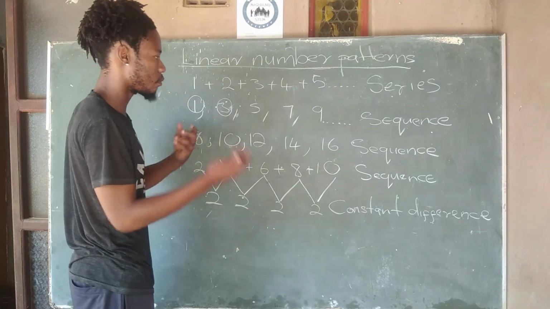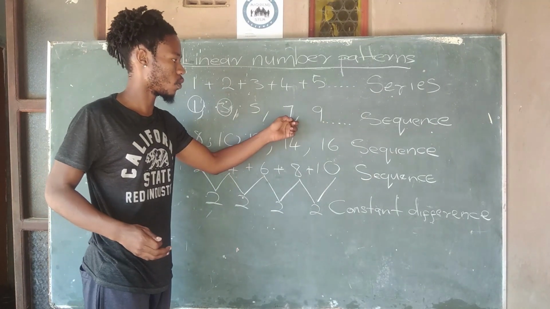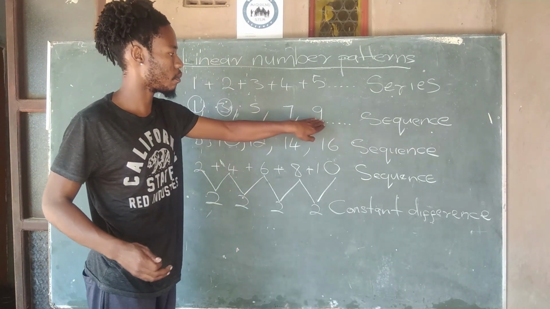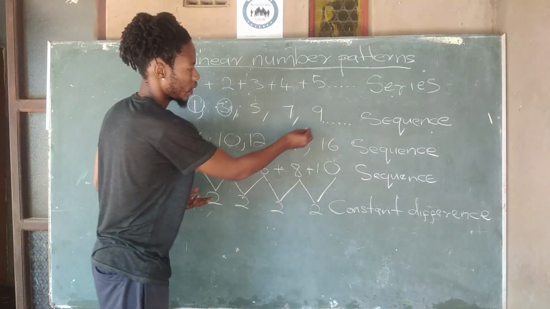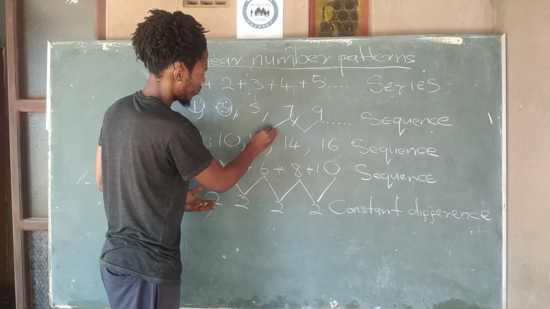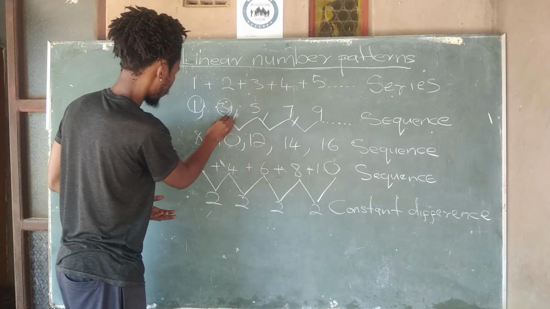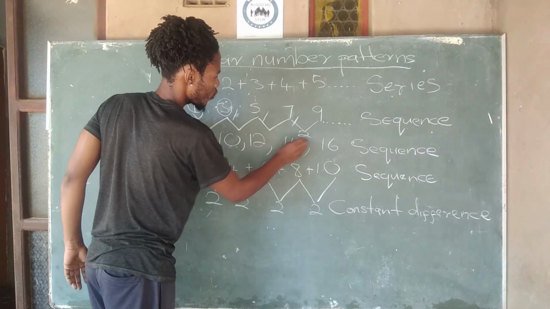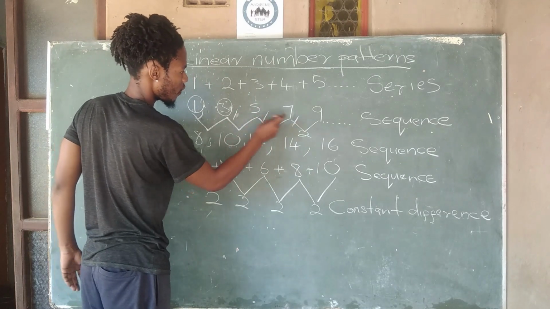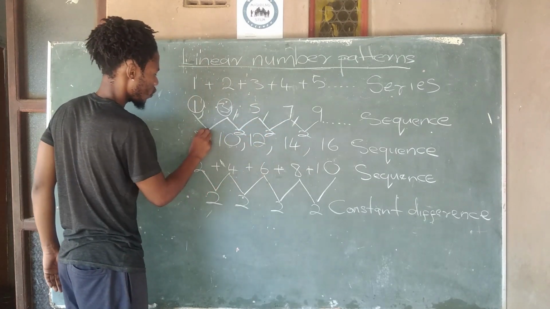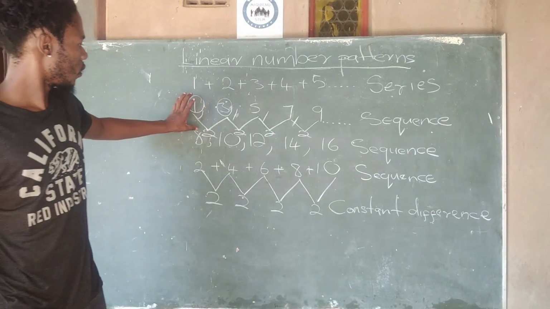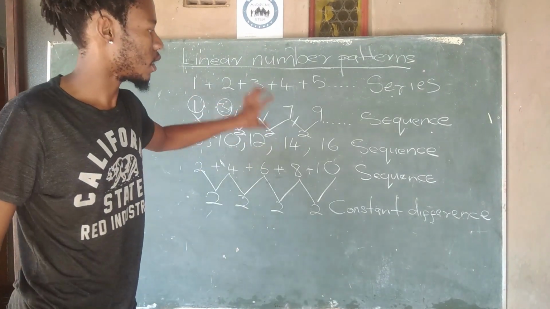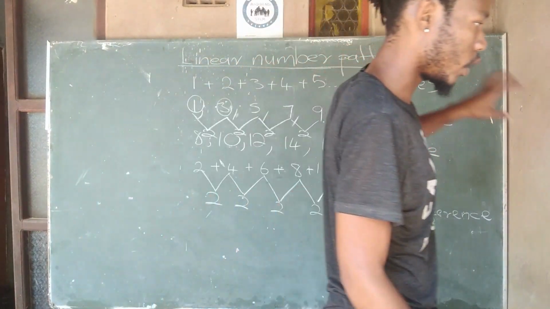If we subtract 7 from 9, we get 2 again. If you subtract 5 from 7, you get 2, 2, 2. So you get a constant difference between your terms.